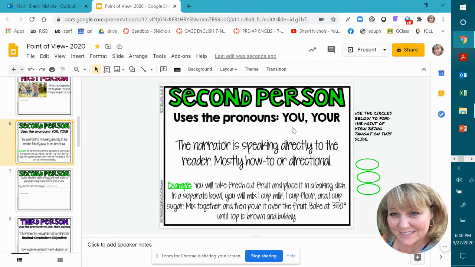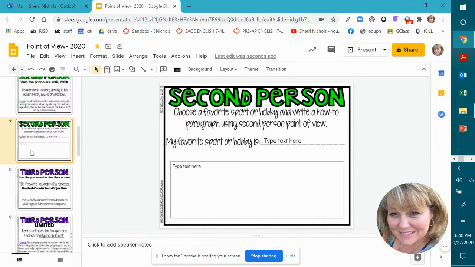So again, mark the words that make this second person point of view. And then you're going to choose a favorite sport or hobby and write a how-to paragraph using second person point of view. My favorite sport or hobby is kayaking, or whatever you choose. And then you would give the directions. First, for kayaking, you want to make sure you have a sturdy kayak, a paddle, and a very reliable life jacket.